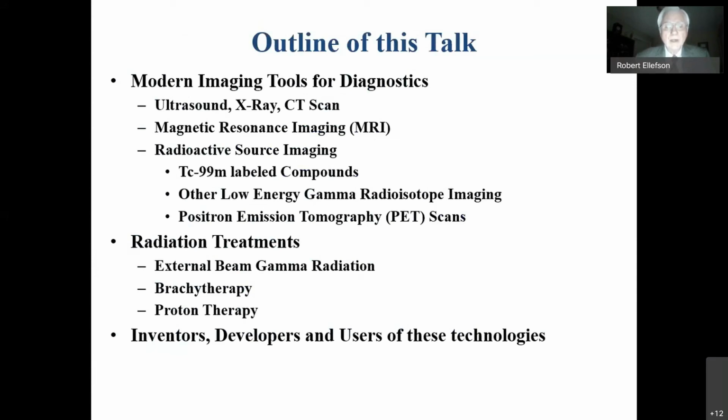And then we measure the appearance of those gamma radiation using a camera. We'll also talk about low energy gamma emission, positron emission tomography scans. Then in the radiation treatments area, we'll talk about external beam gamma radiation, brachytherapy, and proton therapy. And along the way, we'll talk about the inventors and developers and users of these technologies and some examples of their products.